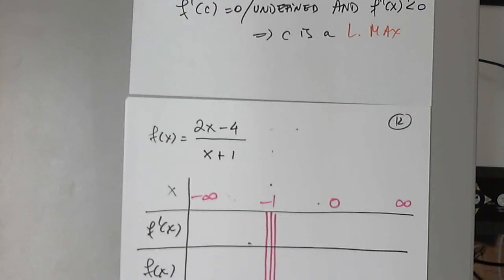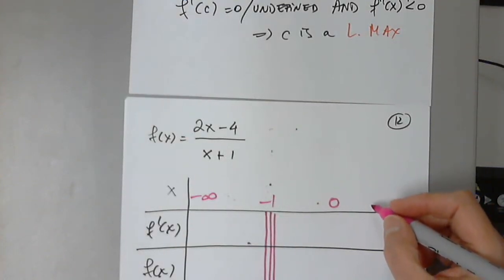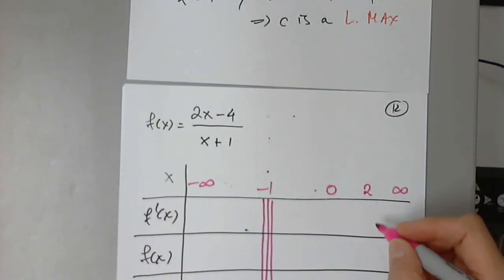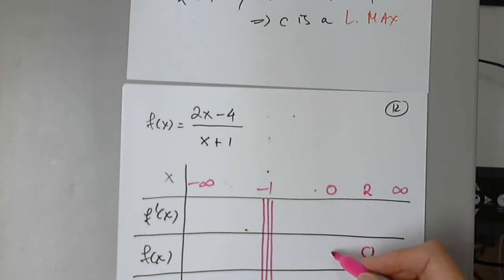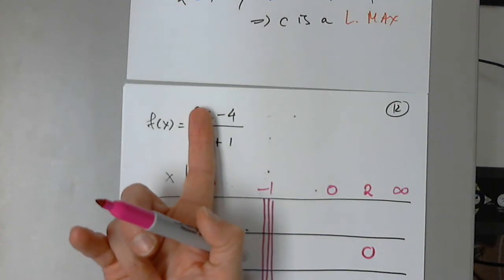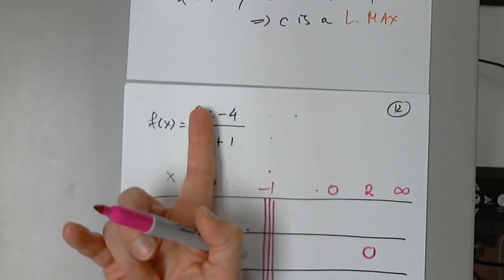It's undefined at -1. I have to determine the limit on the left-hand side of -1, the limit on the right-hand side of -1, and also when the numerator is 0. Where does this cross the x-axis? At 2. What happens at 0? The y value is negative.